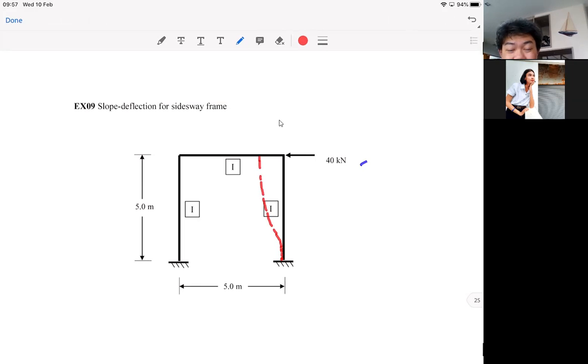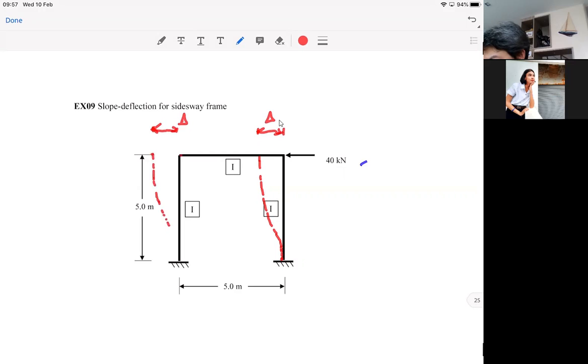And because we always say the axial deformation is negligible, the amount of deflection here, if you call that delta, this should be delta. Otherwise, your horizontal member will have strain or axial deformation. So it's got to be the same amount right here.